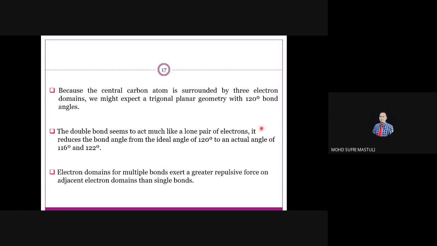The double bond will reduce the bond angle from the ideal 120 into actual angles of 116 degrees and 122 degrees. I already explained this statement in the previous slide. So the electron domain of the multiple bond will produce a greater repulsive force, similar to the lone pair, on the adjacent electron domain than the single bond.